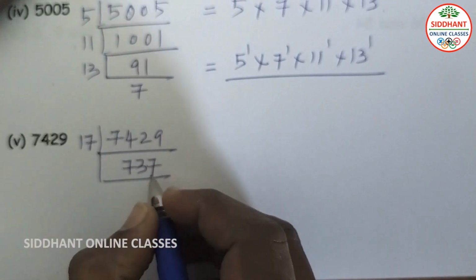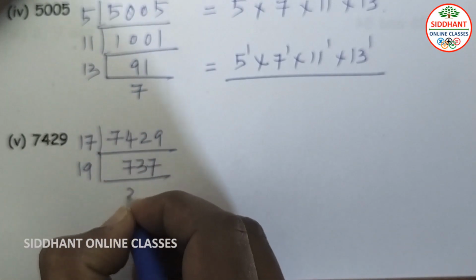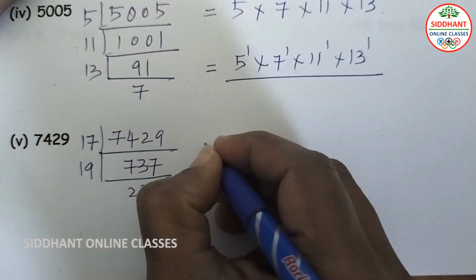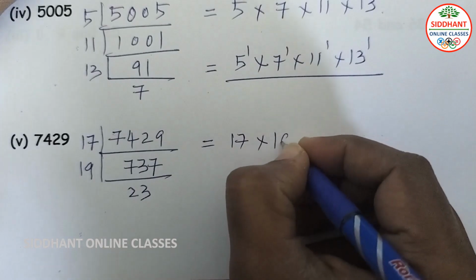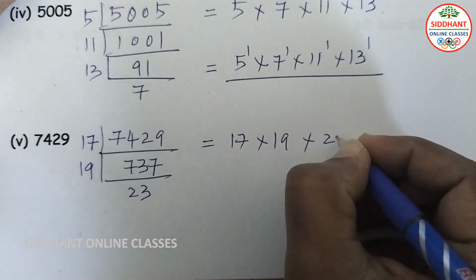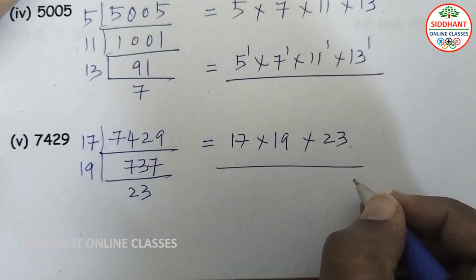After that, this number divides by 19, and we get 23. So the factors will be 17 into 19 into 23. So this will be the answer.